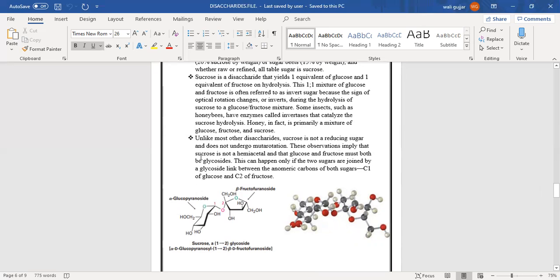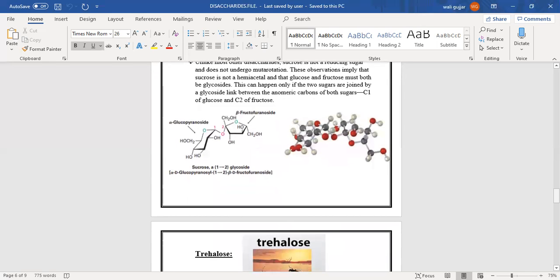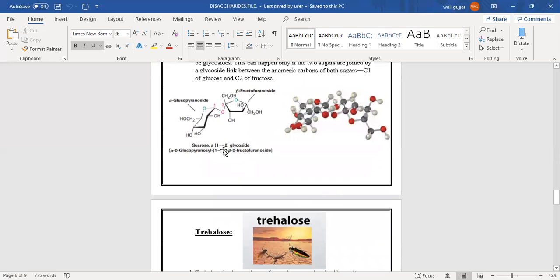This observation implies that sucrose is not a hemiacetal and that glucose and fructose must both be glycosides. This can happen only if the two sugars are joined by a glycoside link between the anomeric carbons of both sugars, carbon 1 of glucose and carbon 2 of fructose. This is the structure of sucrose.